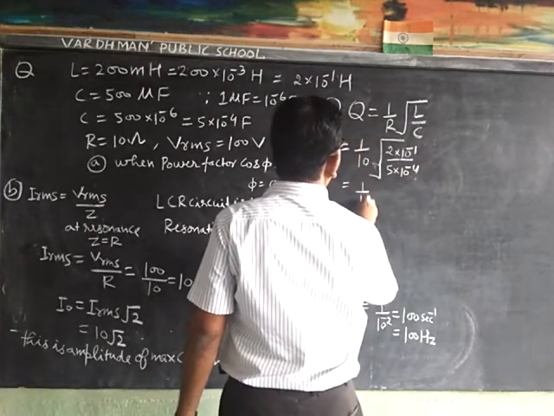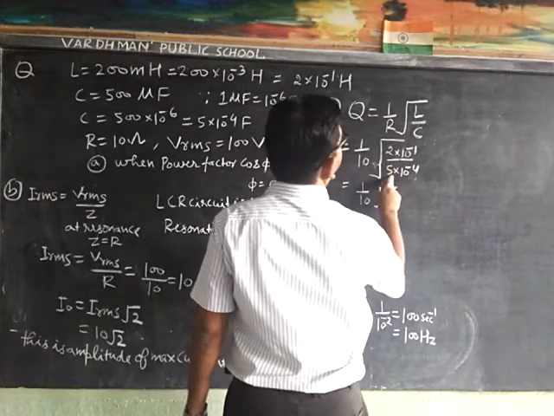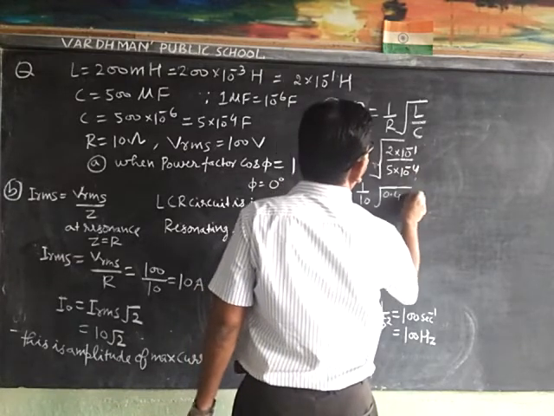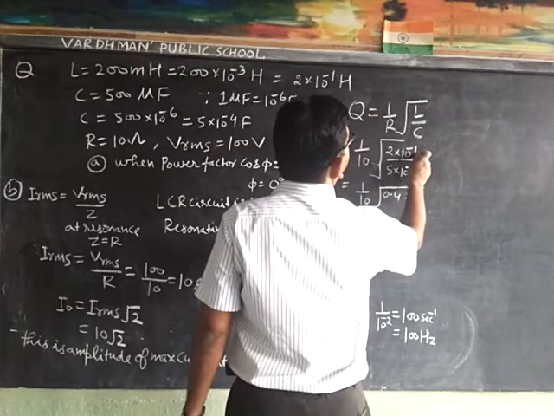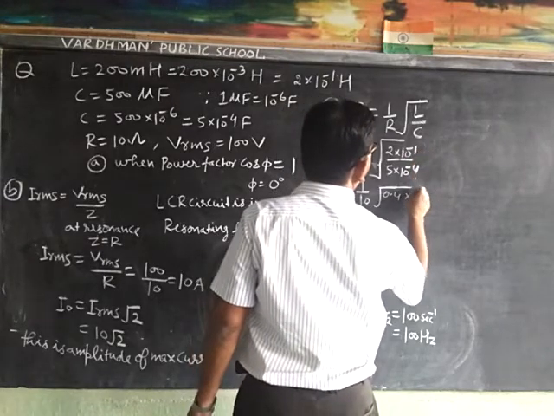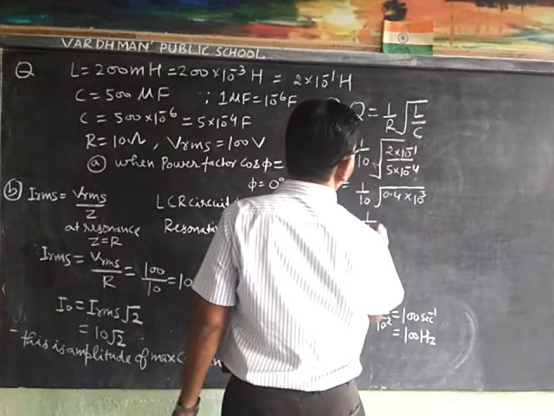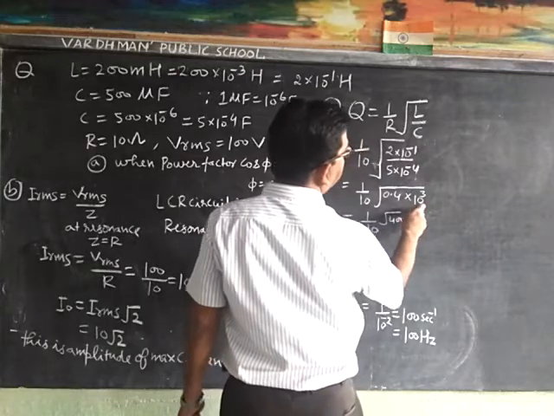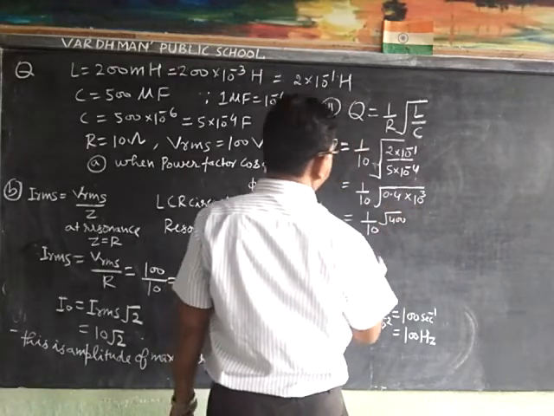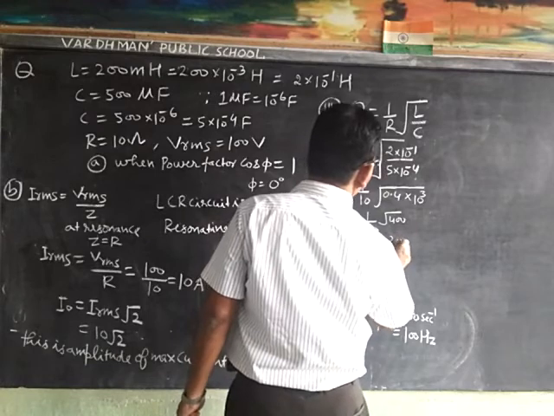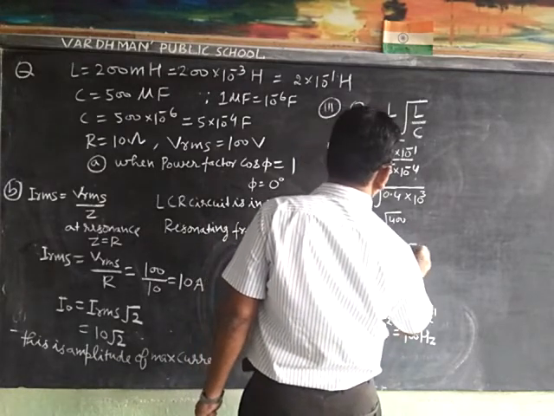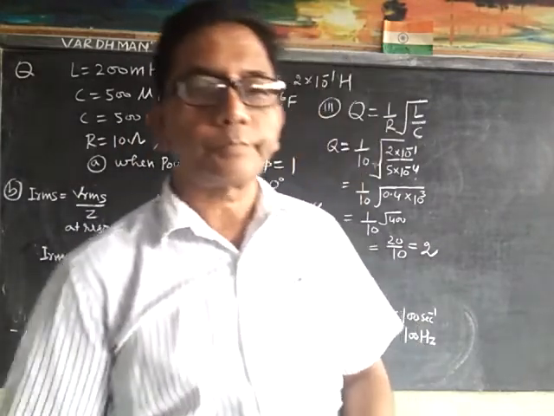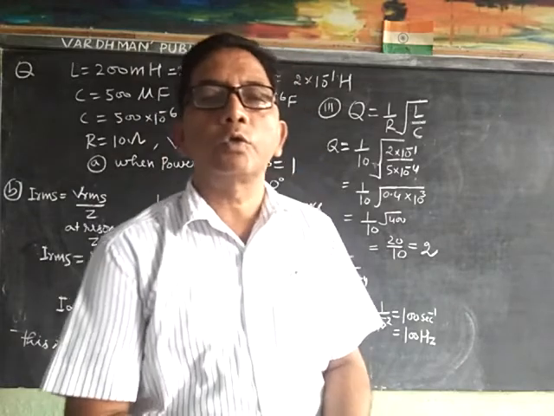Dividing 5 by 2 gives 0.4, and with 10 power 3, that is 1 upon 10 under root 400, that is 20 upon 10, that is 2. This is the quality factor. Q is equal to 2.